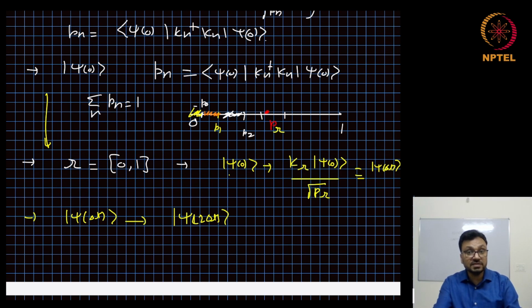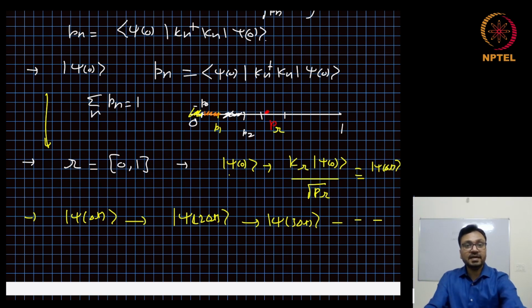Our probability distribution will change because our initial state has changed for this attempt. So we derive the probability distribution, toss a random number uniformly between 0 and 1, find which probability it corresponds to, and accordingly apply the operator K on the state, and we get psi of 2 delta t. From there we get psi of 3 delta t, and so on.